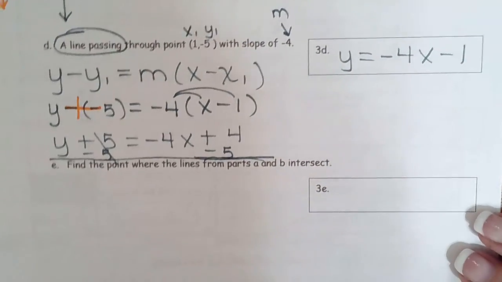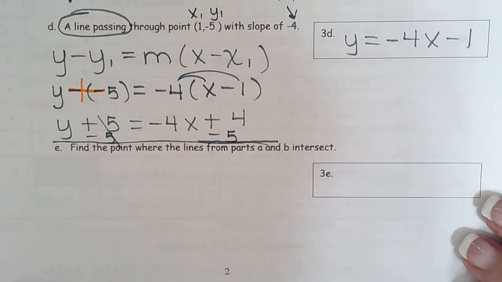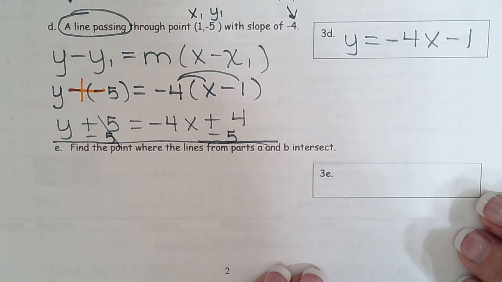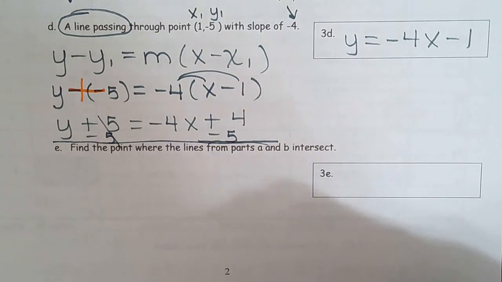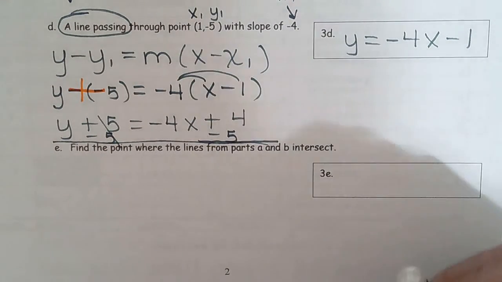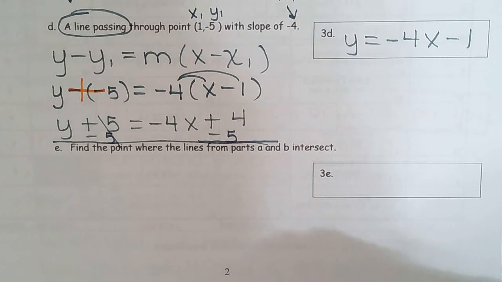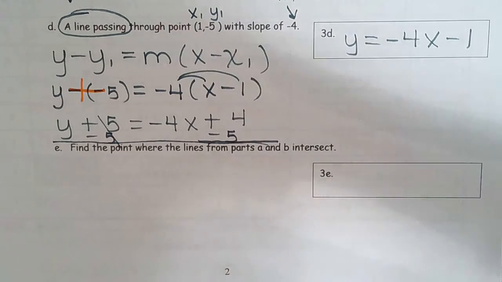Okay, a lot of students don't understand the directions on E when I give this in class, and that means they're not understanding systems if they don't understand those directions, because this is what systems are. Find the point where the lines from part A and part B intersect.